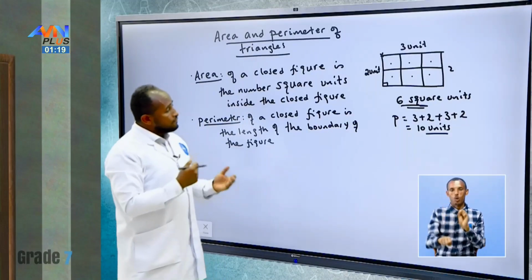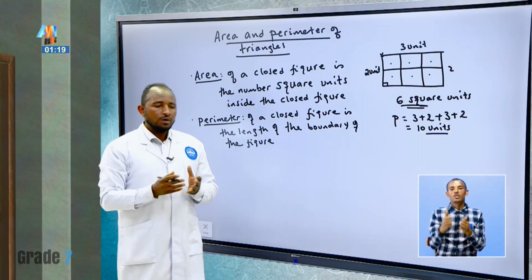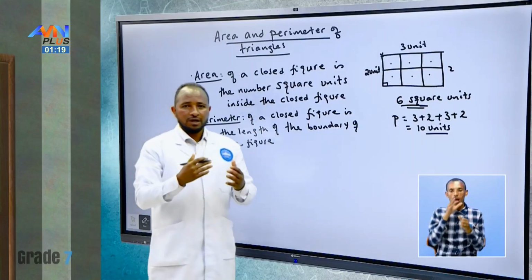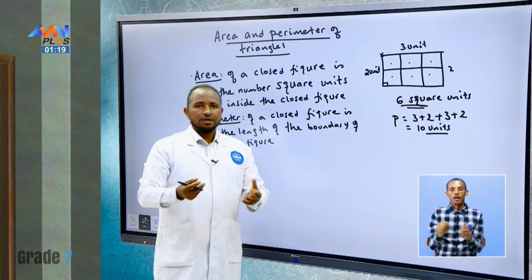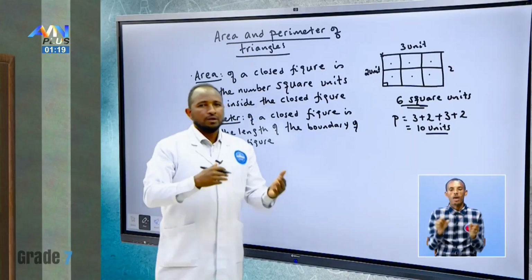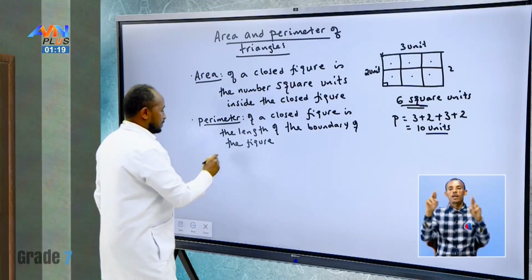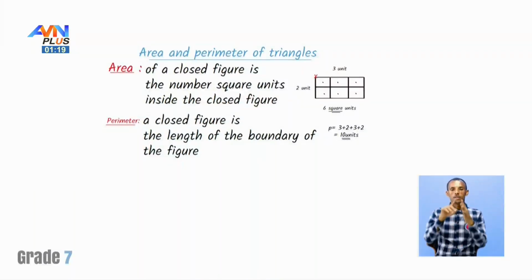So, before directly proceeding to area and perimeter of triangles, let's revise how to calculate area and perimeter of square and rectangle. So let's start from rectangle.